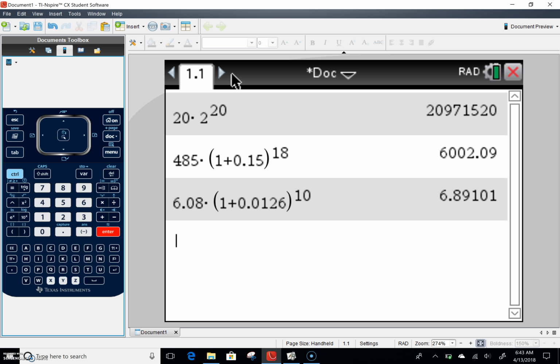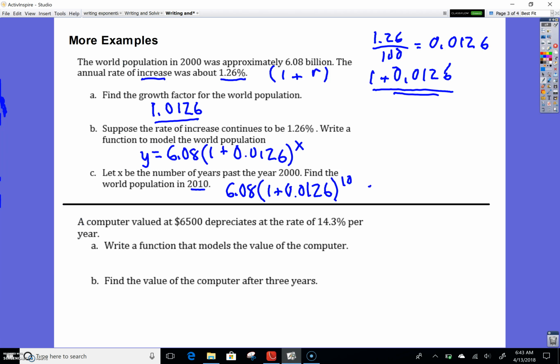Okay, so that's 6.89. So remember, we are talking about billions here, so billion. That's a lot of zeros.